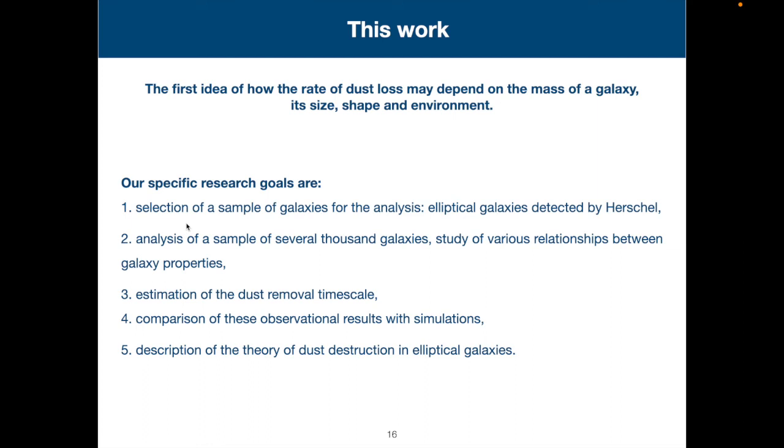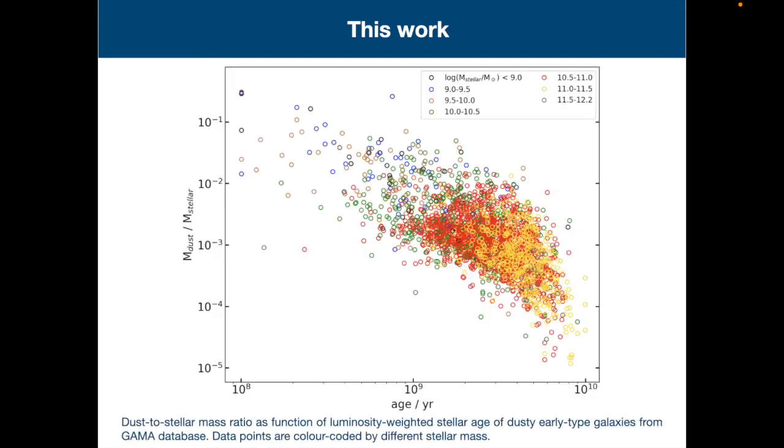Then we will try to estimate the dust removal timescale. Maybe the next step will be to compare observational results with simulations, and at the end the result will be a description of the theory of dust destruction in elliptical galaxies.